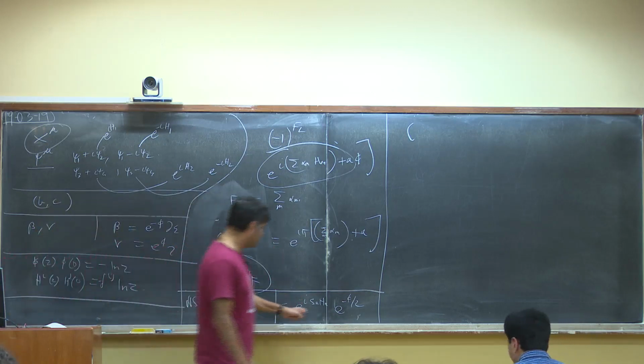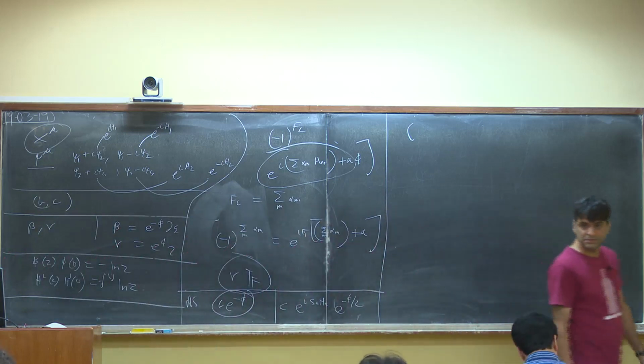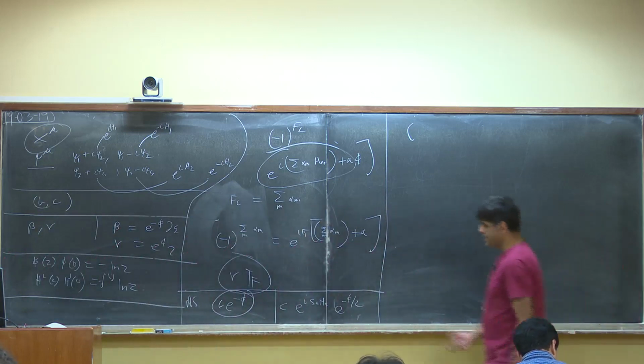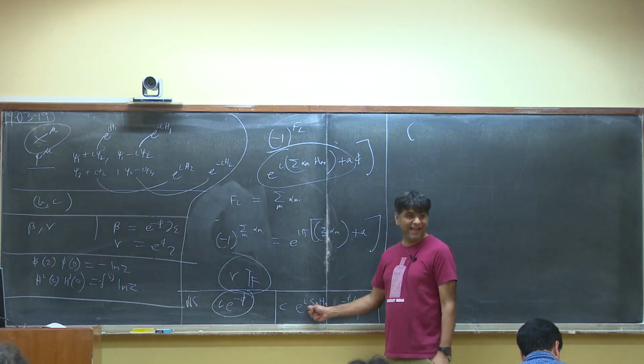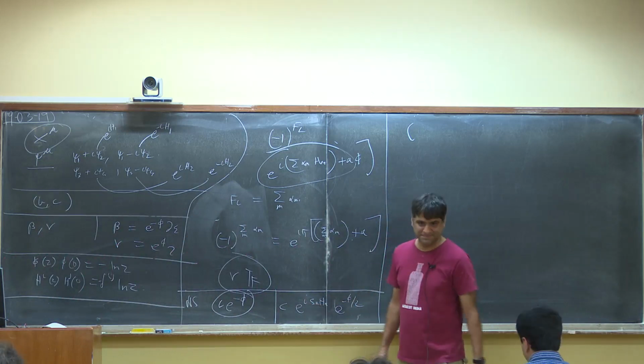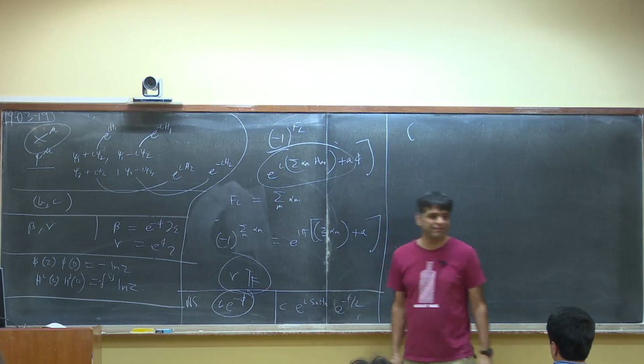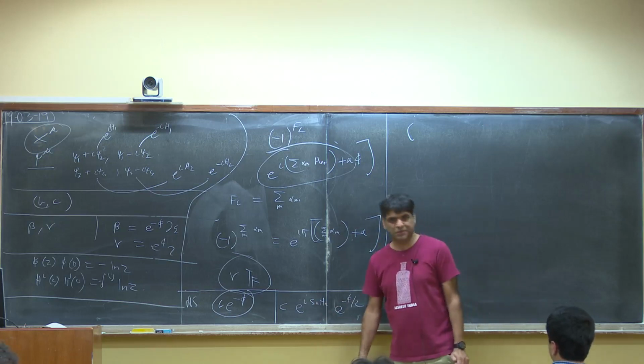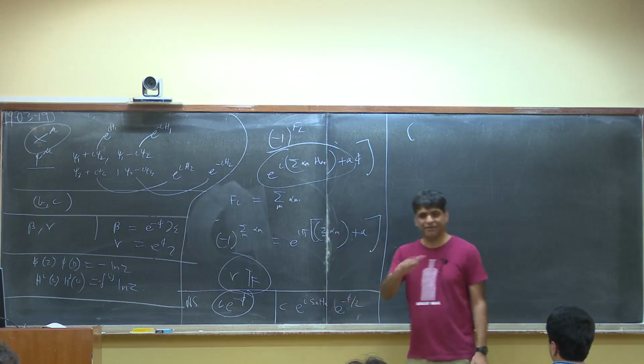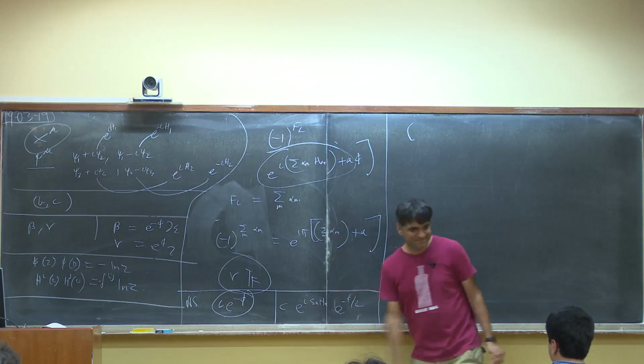What about the Ramond vacuum? Now, this thing can evaluate to any half integer between 5 by 2 and minus 5 by 2. Could be 5 by 2, could be 3 by 2, half, minus half, depending on details.